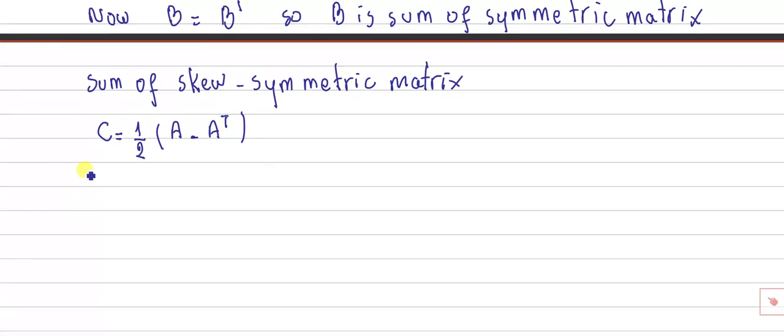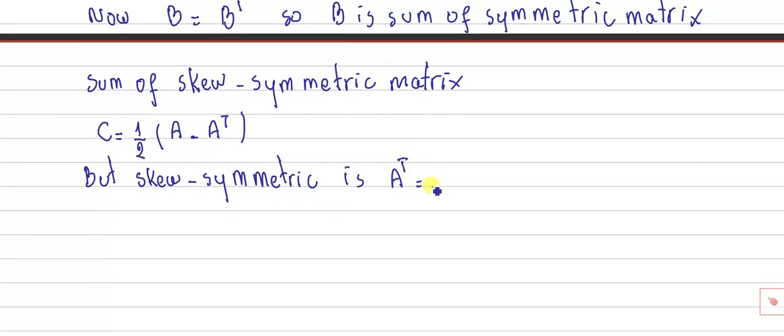A skew symmetric matrix is one where A transpose is equal to minus A.